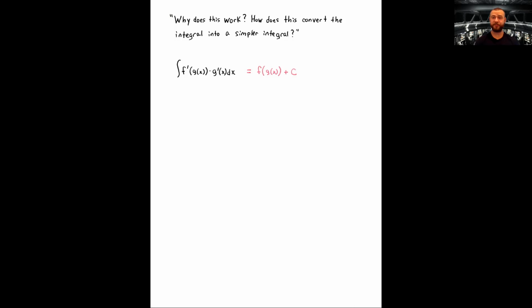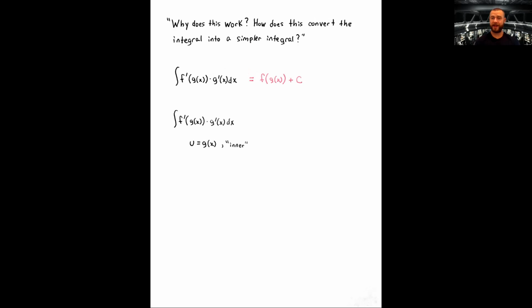And let's see how that substitution, u equals g of x, does that here. All right, so I'm just re-expressing what we had on the previous page, the reversal of the chain rule, now expressed in the language of integrals. And we were hinting at, we're going to choose u as g of x because g of x was the inner function.